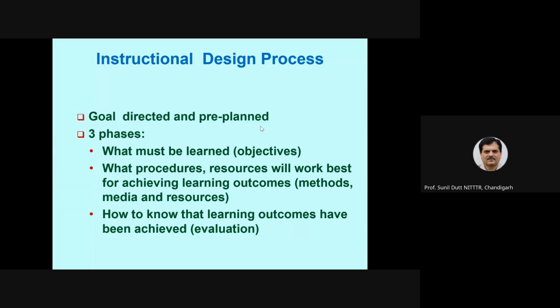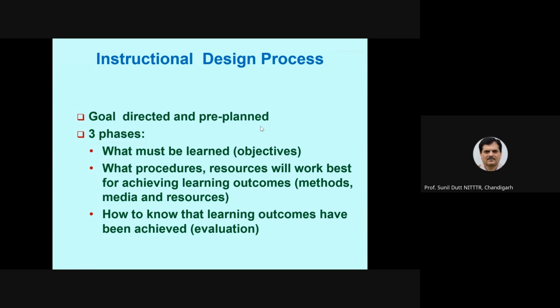The second is what procedure, what resources will work best for achieving the learning outcome. That is, you need to select the instructional method and instructional media, or you need to develop instructional media and other resources in order to successfully achieve the objectives.